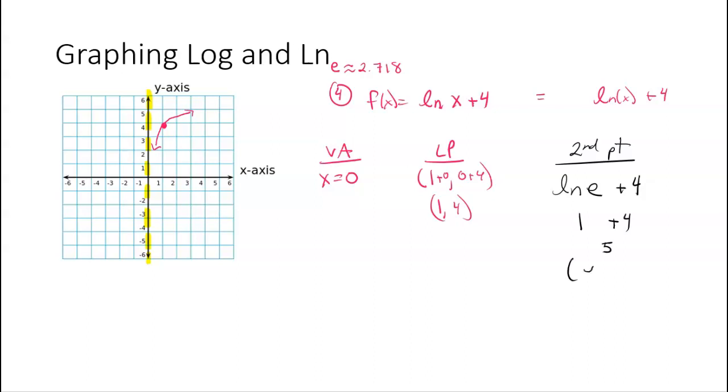So technically, you'd be plotting (e, 5), which is about 2.718. So if I go to 2.7, so here's 2, and then I should have gone up a little bit more. So let me redraw my graph. So 2.7, something right about there. It should be an output of 5. So this is what our graph should look like.